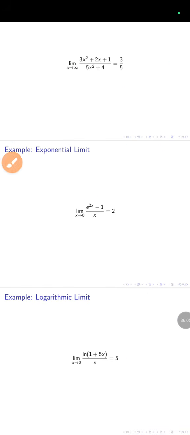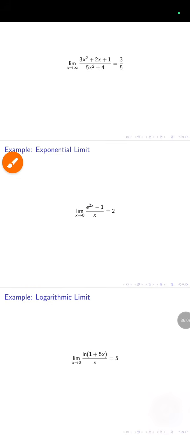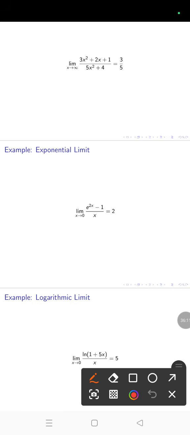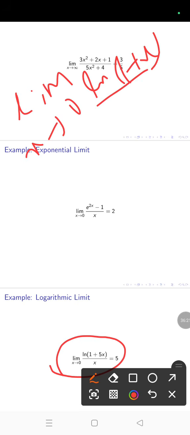Next, this is a logarithm formula. What is the formula? It is also in our list. Limit x tends to 0, ln 1 plus x by x is equal to 1. But here 5x is there, so we have to make all the x as 5x.